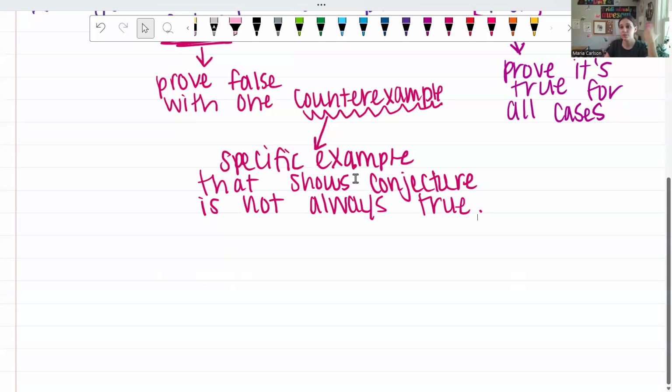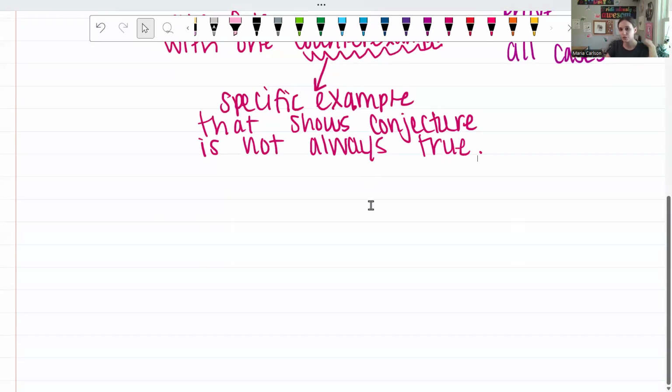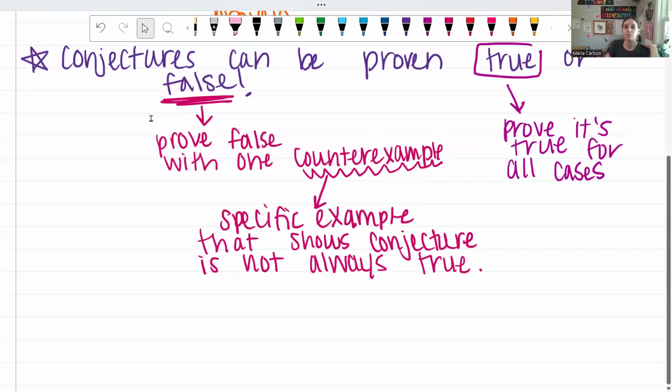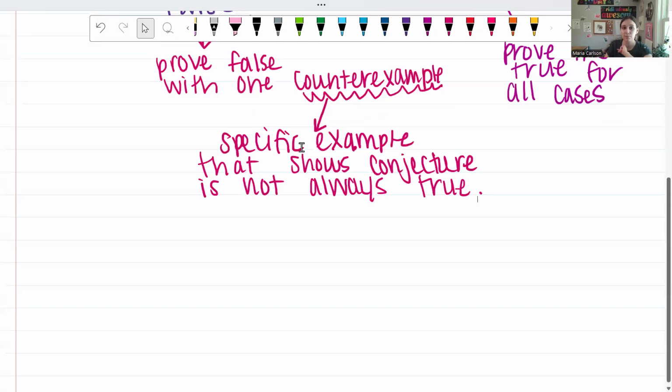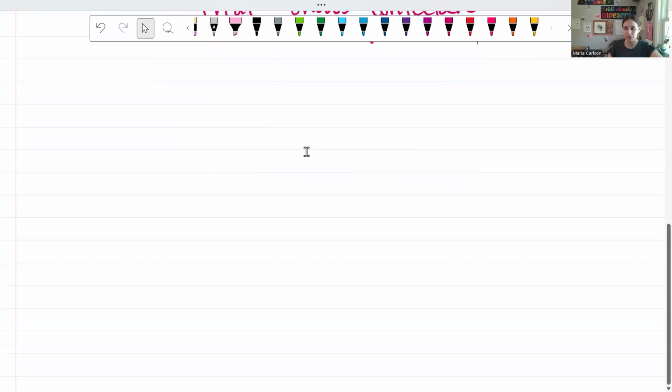So if we're going to prove something's true, we're going to prove it's true for all cases. And if we're going to prove that something is false, we only need to provide one counterexample, which is a specific example showing that conjecture is not always true. So let's talk about our basic types of reasoning.